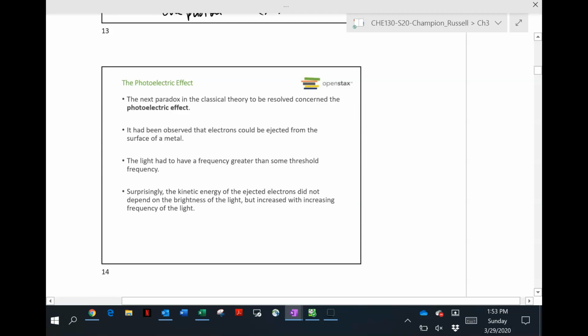The next thing that came along was something called the photoelectric effect, and looking over in your book there is a subsection called the photoelectric effect, and figure 3.11, which we'll see an image of later on, kind of explains it. The way I've always thought about this was this idea. If I think about a graph of the energy that's going to be given off versus the frequency of the light that's being shown.